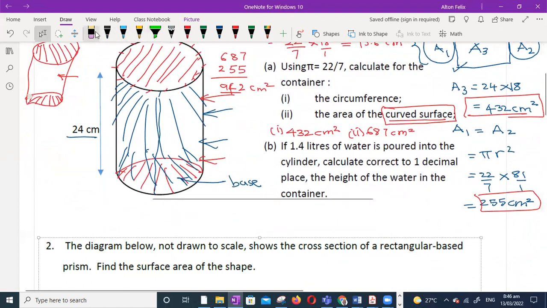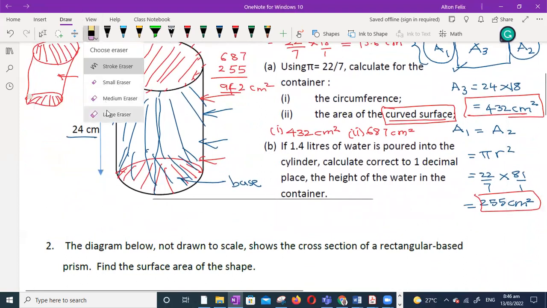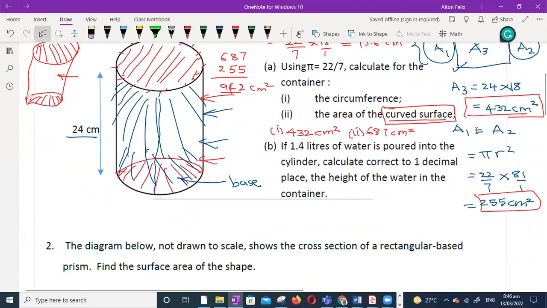Let's make some room here. All right, so let's see if we can take out some of that writing.